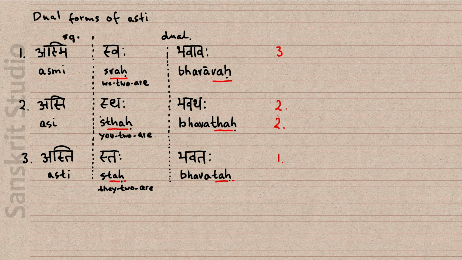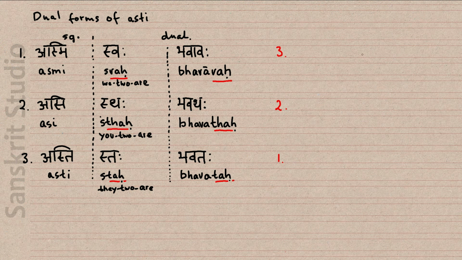Well, the second person is the middle, and then the third person is the last person, or it's an uttama purusha. So it's the last one, or it could also be the highest or the most elevated.